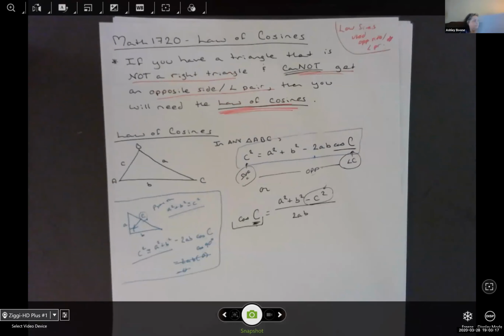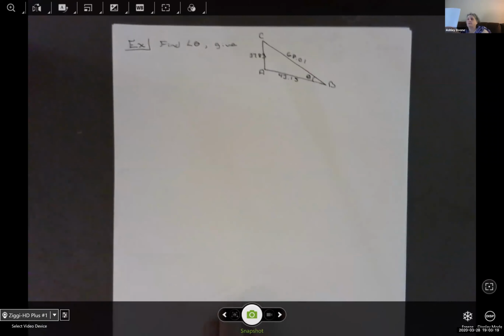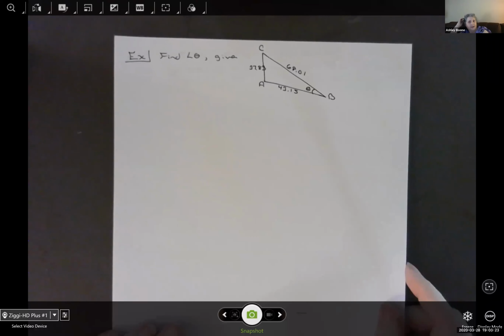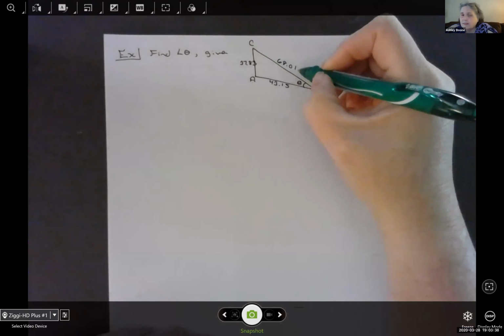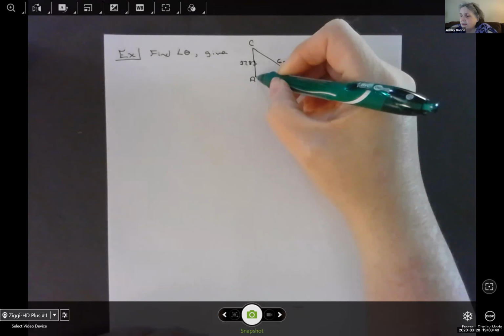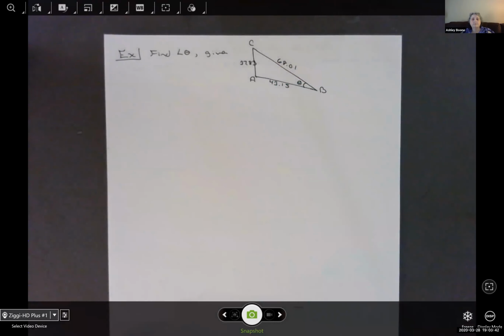So, let's look at this example. I want to find angle theta, given this diagram. When I look at this, let's look at what we have here. We have a length of 68.01, a length of 37.83, and a length of 43.15.